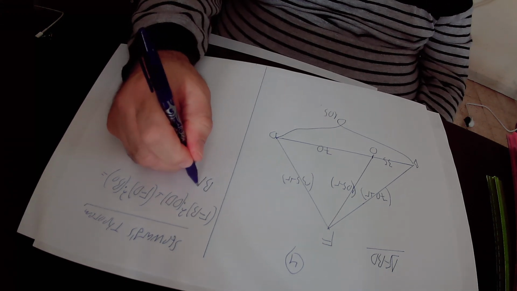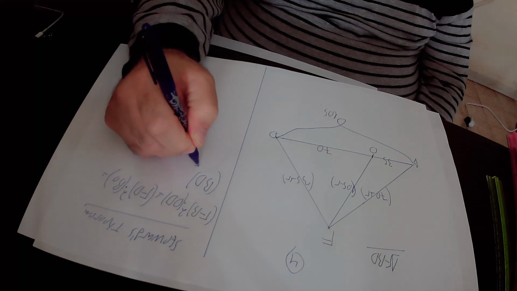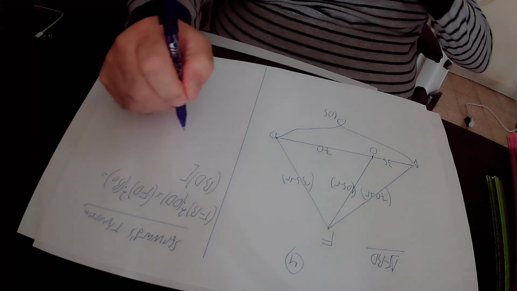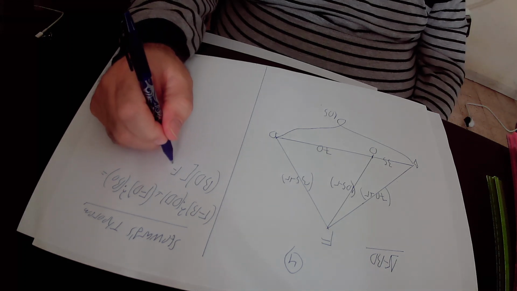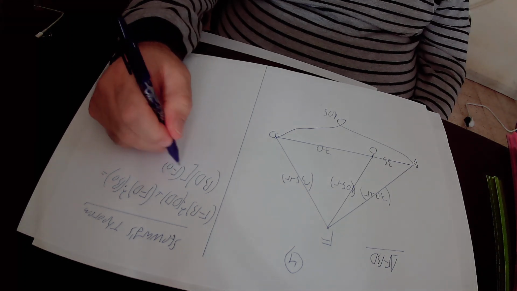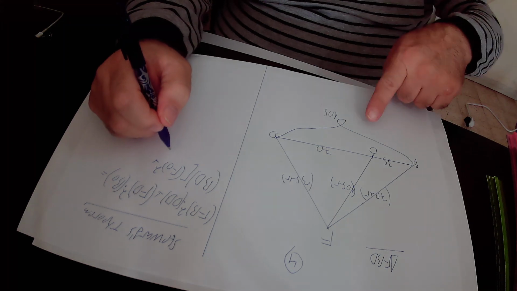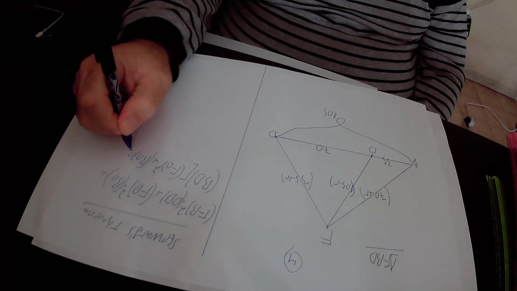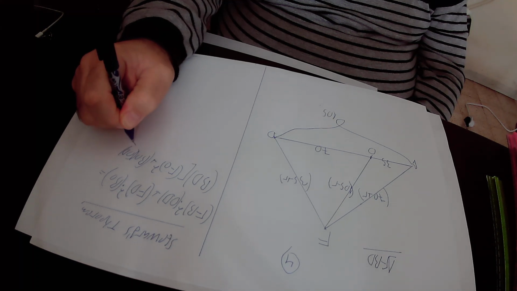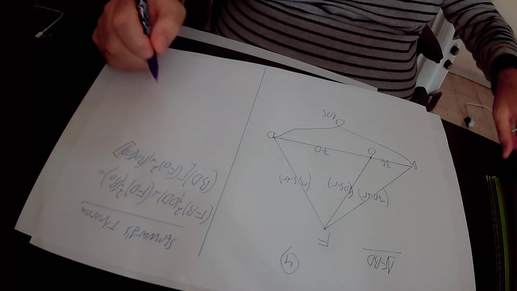We'll open brackets here, and inside the brackets we have FO squared plus BO times OD. Close the brackets.